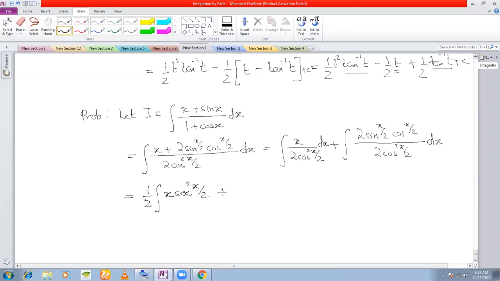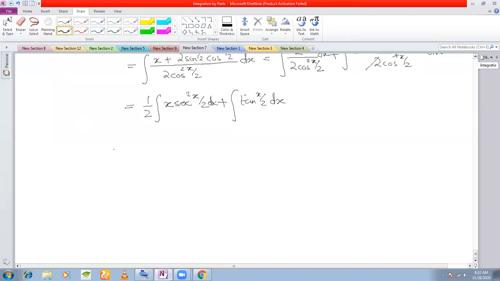Plus, and here 2 and 2 cancel, 1 cos cancels here. You simply get integral x sec square x by 2 dx, and you get here tan x by 2 dx, right? So now how to evaluate the first integral? The first integral can be done by parts, right?